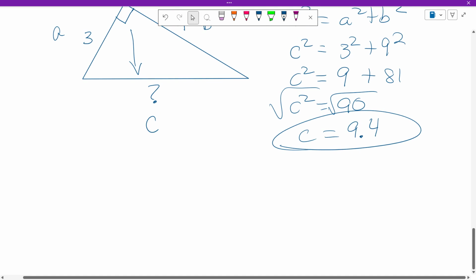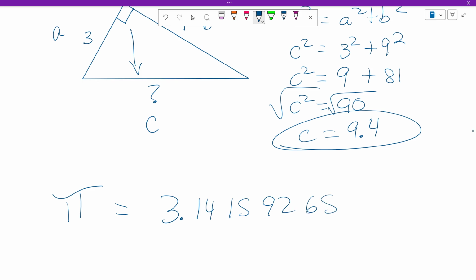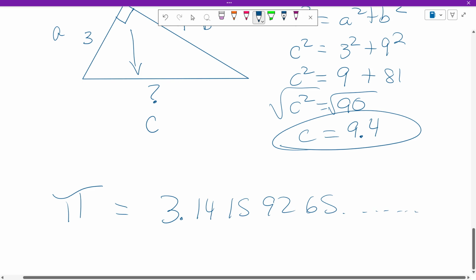Today is Pi Day, which is 3.141592653, and it just keeps going forever. There's an infinite number of digits. So far, they've found 2.7 trillion digits. A person has found 2.7 trillion digits of pi on their computer.